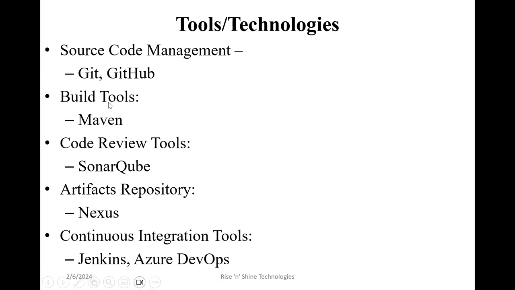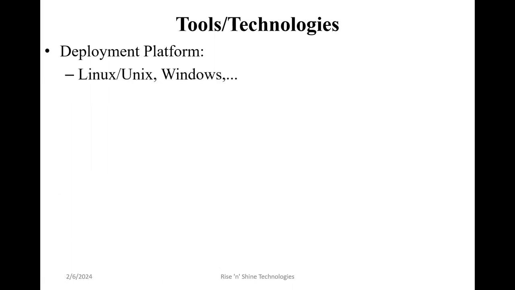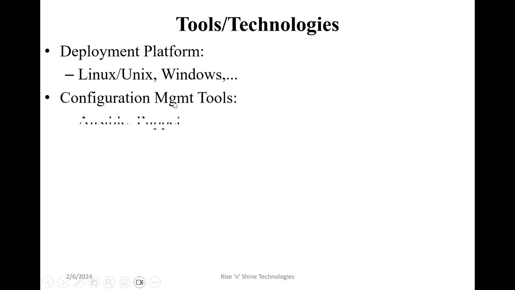Yeah, we are going to work with Git, GitHub, Maven, SonarQube, Nexus, Jenkins, and the deployment platform, that is Linux, which we should know. Configuration management tool, which we should know, is Ansible. If you have 100 servers, 1,000 servers, 10,000 servers, within 1 hour or 2 hours you can complete the activities.